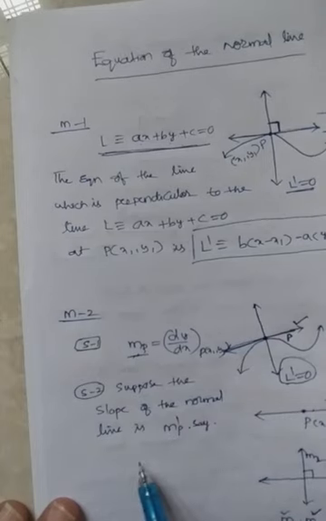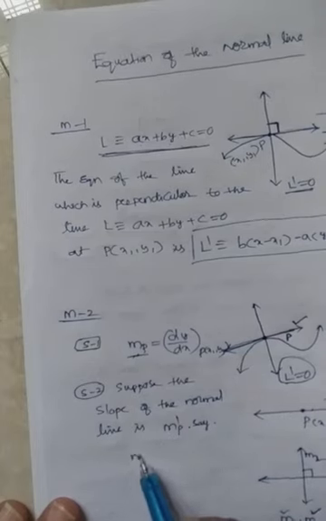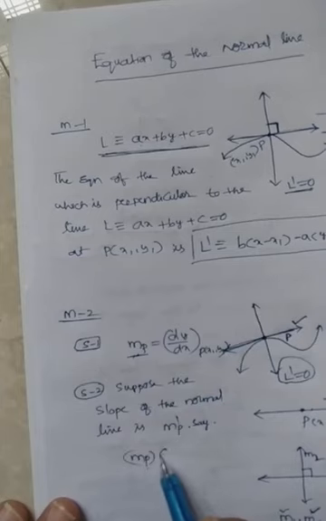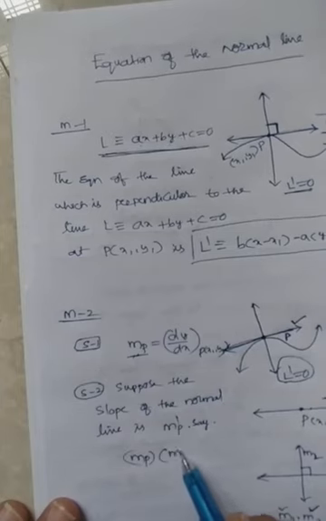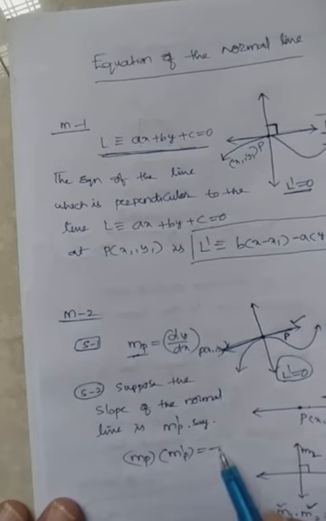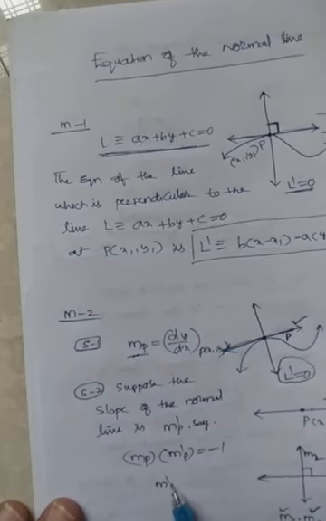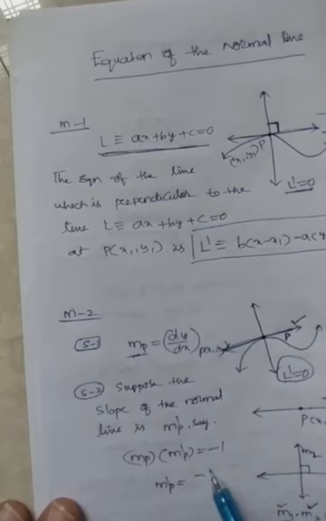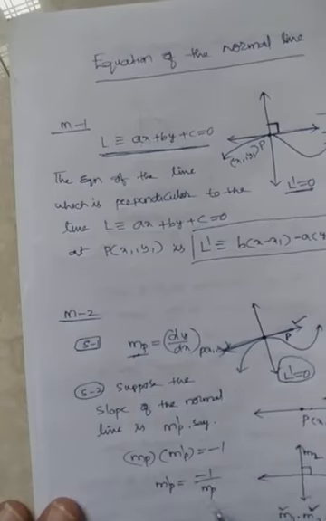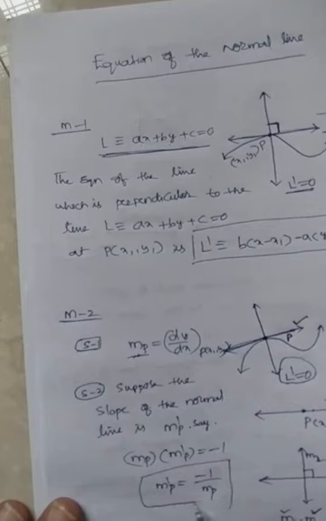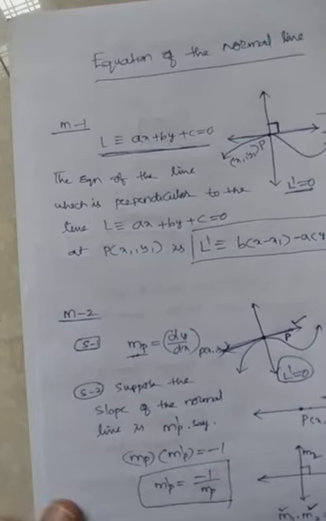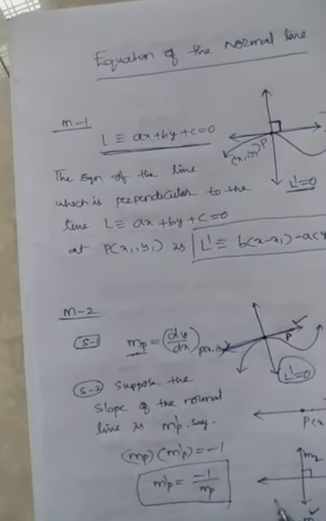The product of m at P and m dash at P must be equal to -1, so m dash at P is -1 by m at P. By this formula you are able to find the slope of the normal line.